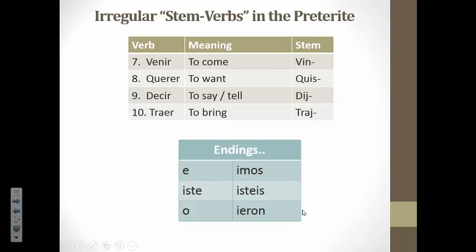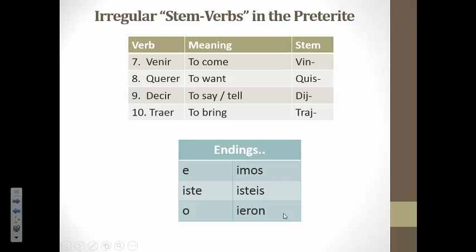Okay, you can see here on your note guide that these 10 verbs are the irregular stem verbs, and that these 10 verbs have their own set of endings. It says on your note guide, endings for irregular stem preterite verbs are as follows: e, iste, o, imos, ieron.